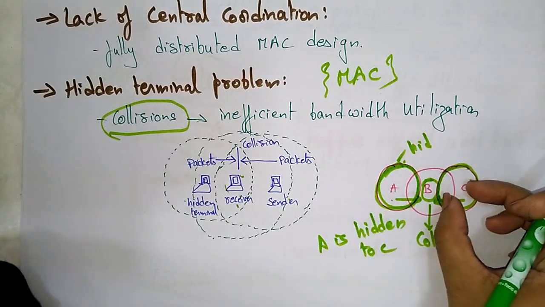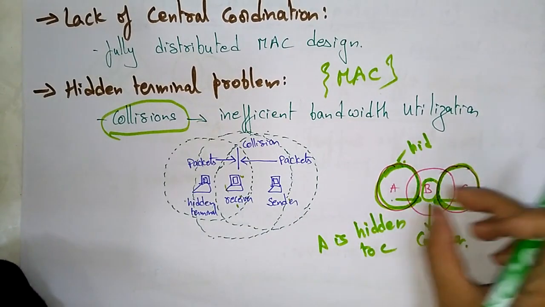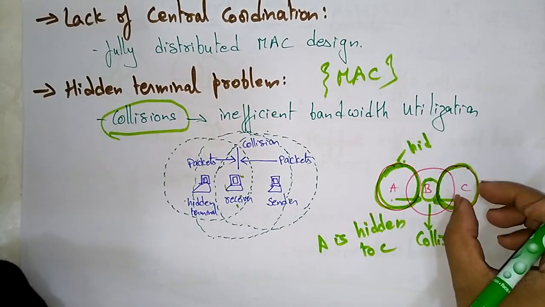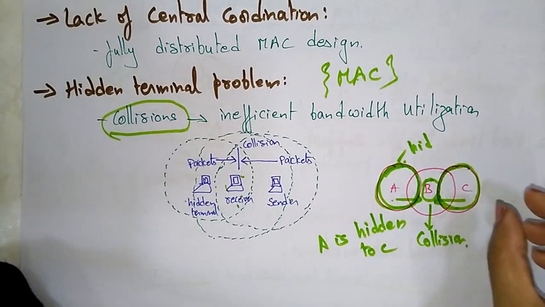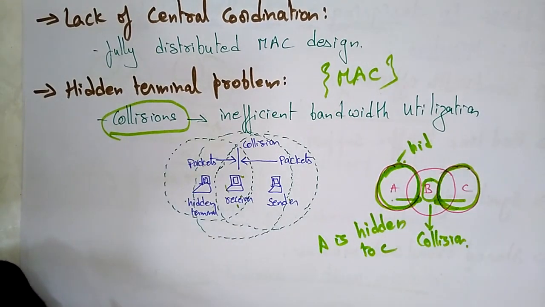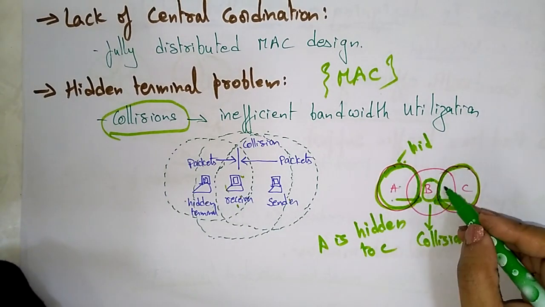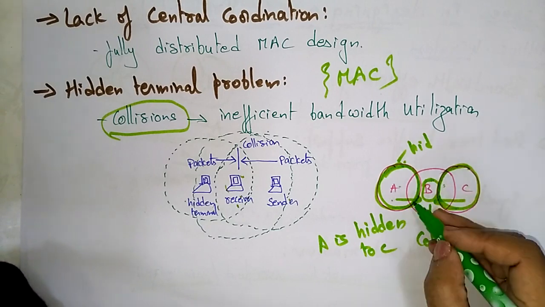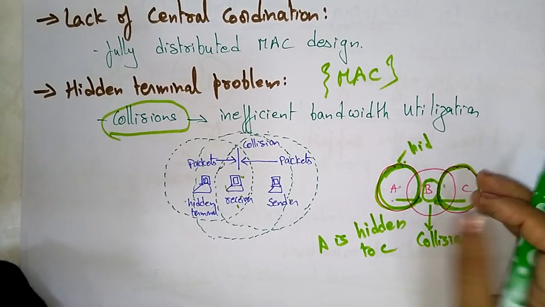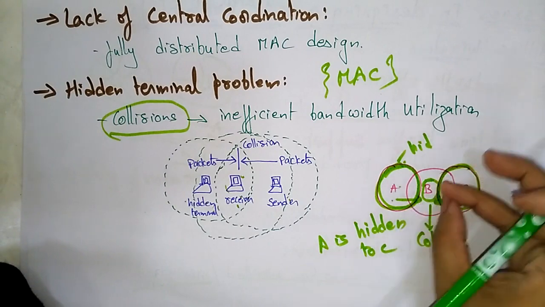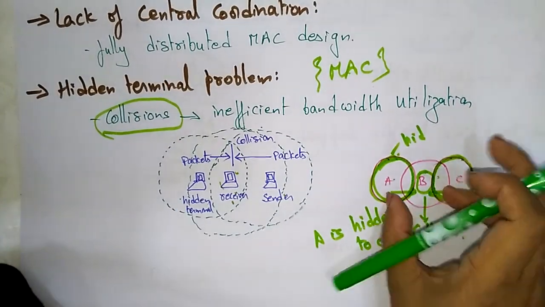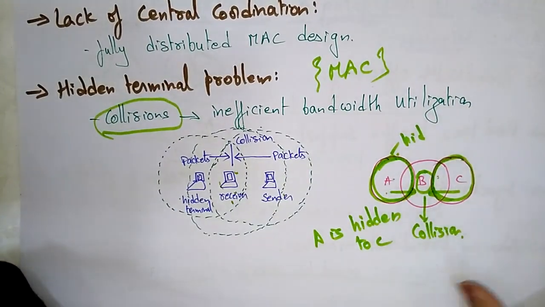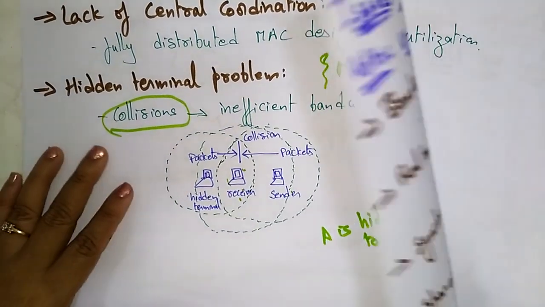So A doesn't know where C is, what C is doing, or what information C is sending. A is hidden from C and C is hidden from A. So they are not aware whether the other is sending, and A sends information while C is also sending. Both send at the same time and B's packets collide. So this is the hidden terminal problem.